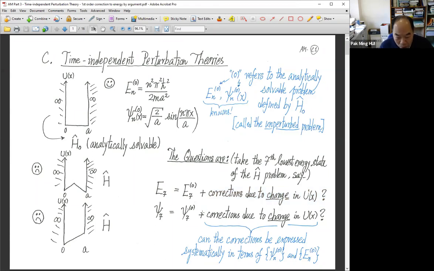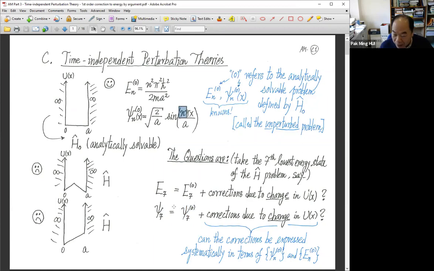Similarly, we also want to ask, what is the seventh wave function, the energy eigenfunction? Well, we can't solve it exactly. Nobody knows how to do it. But then we want to do something like this. It should be rather close to the known one for the solvable problem, I mean this with 7 here.